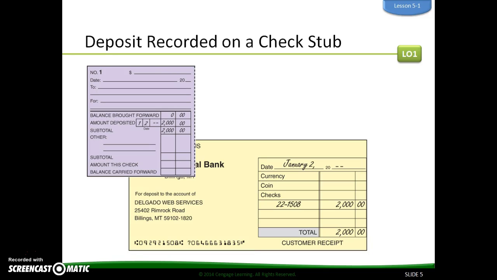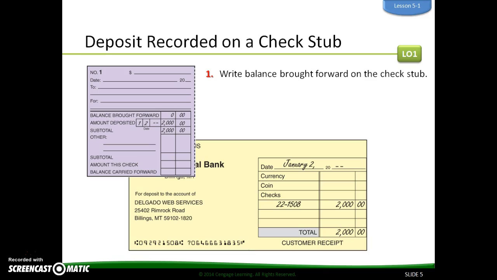Now, we have the responsibility that every time in a business environment we deposit money into our account, we also need to record this on a check stub so that we have accurate records. The first thing we would do is write any balance brought forward in our account on our check stub. In the example on the screen, we're starting our account brand new from scratch.